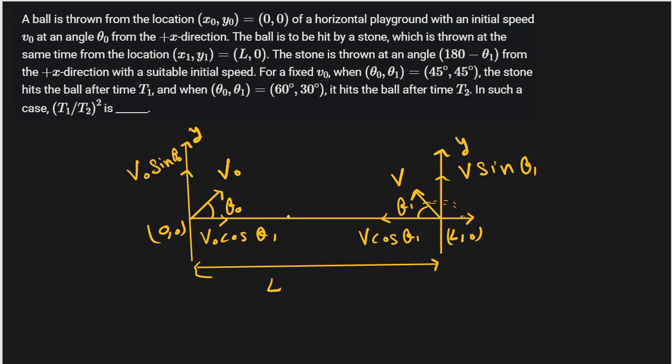So if we want both particles to collide, they should travel equal distance in equal time along the y axis. And if we want two particles to travel equal distance in equal time, then their initial velocity and acceleration both should be equal.